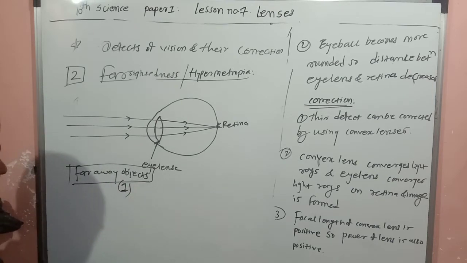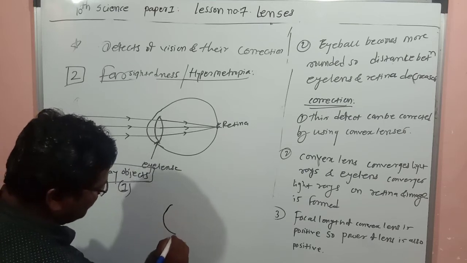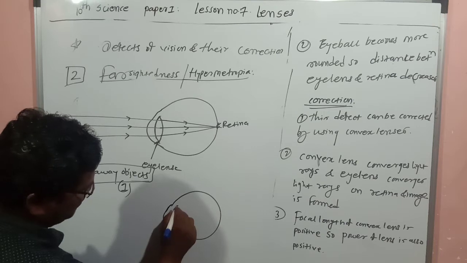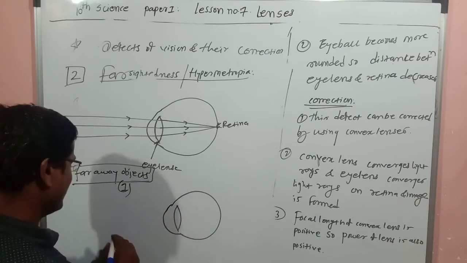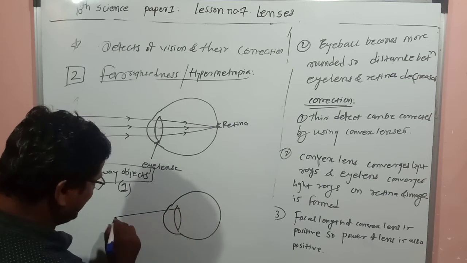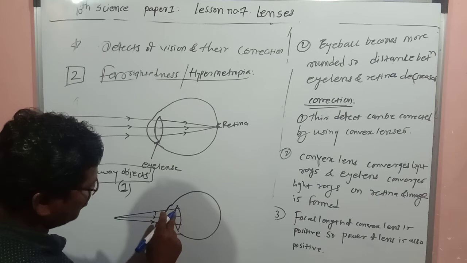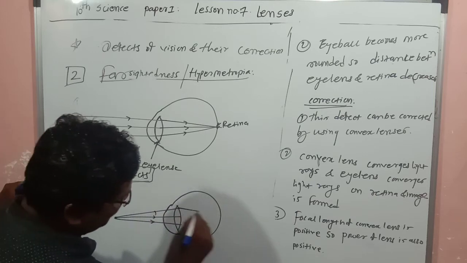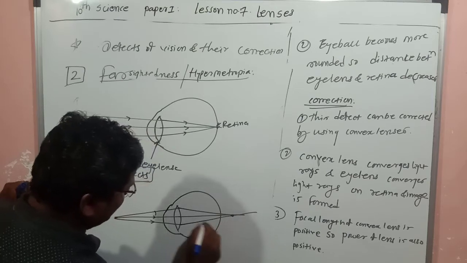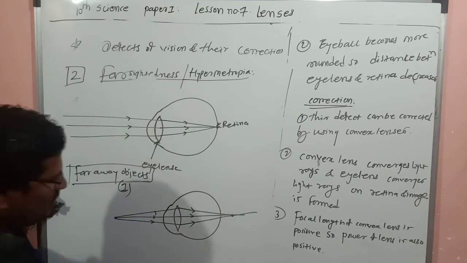Second is the defect. Here, suppose the eye lens is there, and light rays are coming from nearby objects. They will not converge on the retina; they will be converged behind the retina, so the image will not be formed.